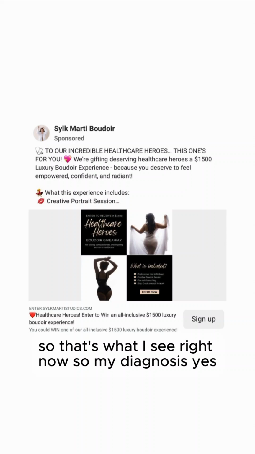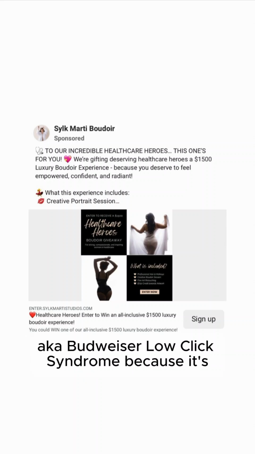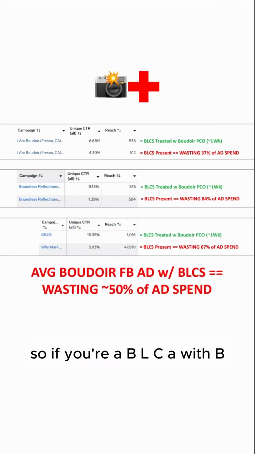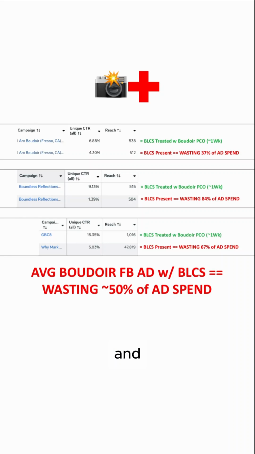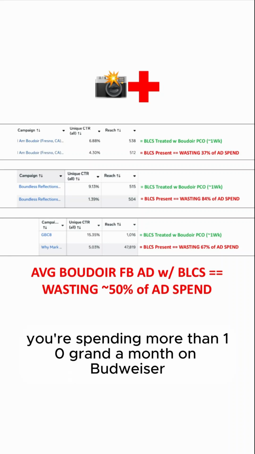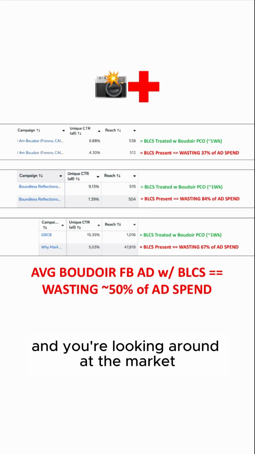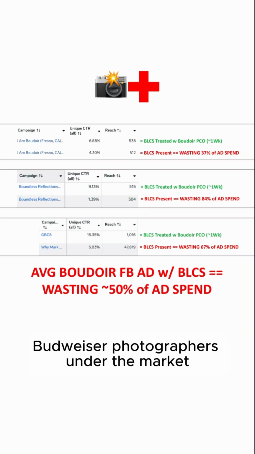So my diagnosis: yes, I do believe this Boudoir Facebook ad has BLCS, aka Boudoir low click syndrome, because its unique CTR is under 6%. So if you're a BLCA with BLCS, a Boudoir low click advertiser with Boudoir low click syndrome, and you're spending more than 10 grand a month on Boudoir Facebook ads, and you're looking around at the market, you're seeing more Boudoir photographers enter the market every single day.